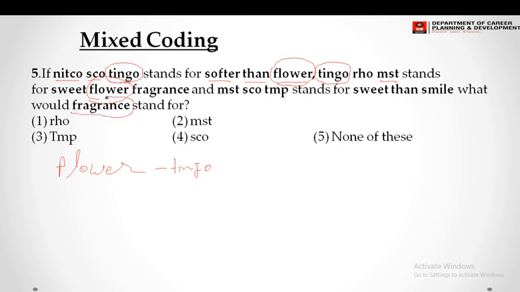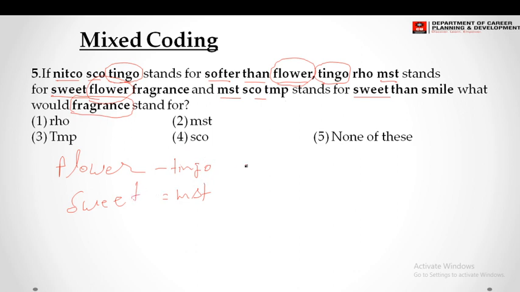So we have to find the code of fragrance. We know the flower, and if we know the code of sweet, then we can easily find the code of fragrance. So we have to find out sweet. Sweet is common in this one, the second one, and this one, the third one. Only sweet is common. So in this, Tingo is already RHO and MST. RHO is not given in these three options, only MST is given. So the MST code is sweet, because sweet is common.